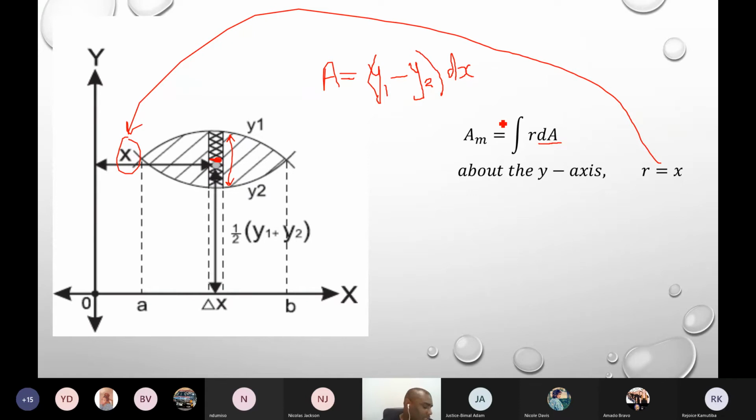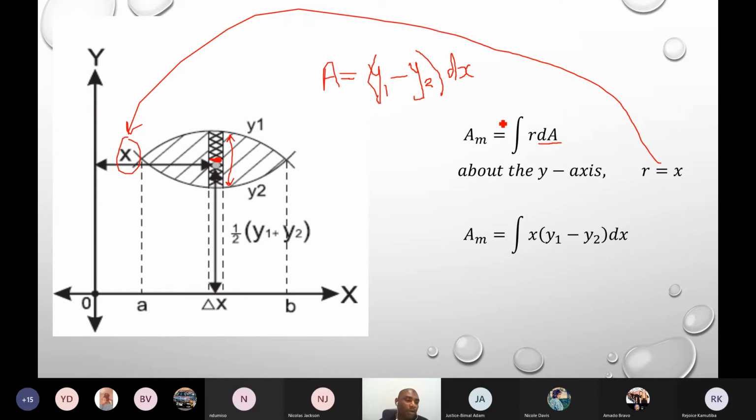So that's delta A. We know our R, we know our delta A, so let's put it there. So that's how I calculate my area moment. It is equal to x times y1 minus y2 with respect to x. Remember what I told you: you put your y1 there, your y2 there, and then you integrate.